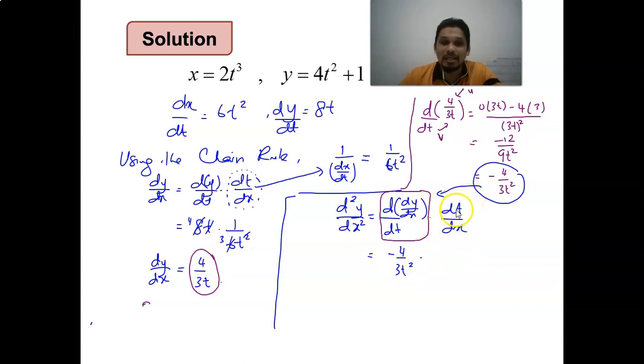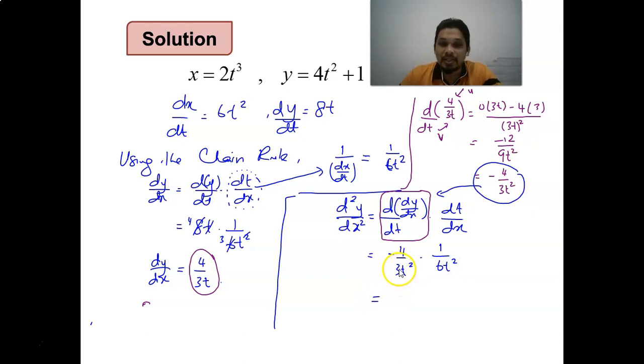And again, dt dx, recall we're going to use this result of dt dx, 1 over 6t squared, again. So multiply with 1 over 6t squared.